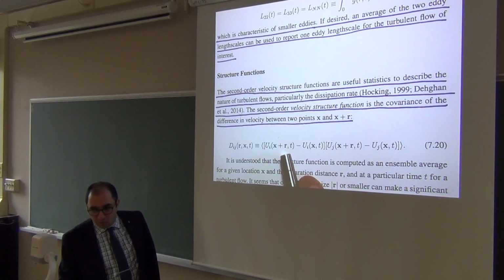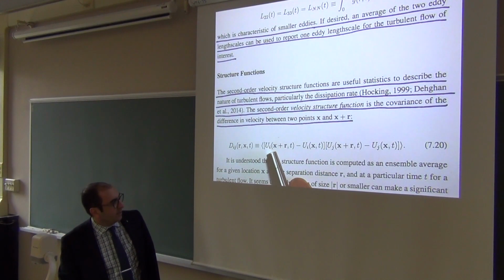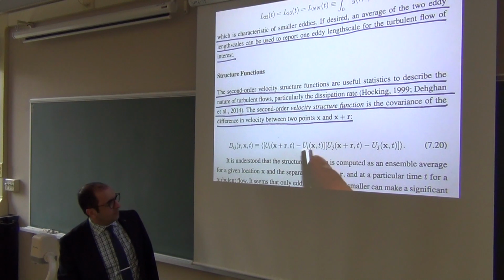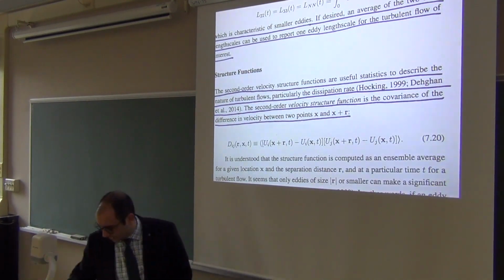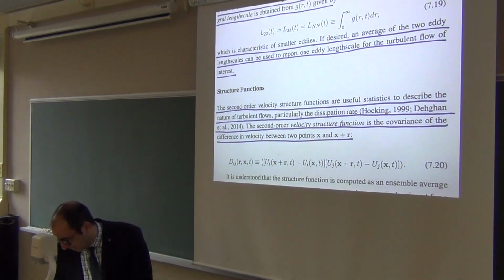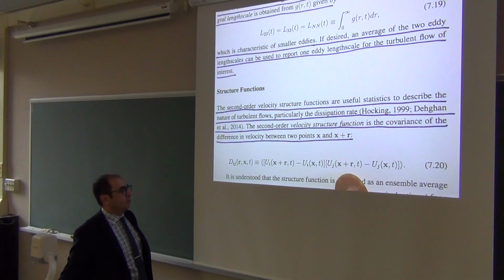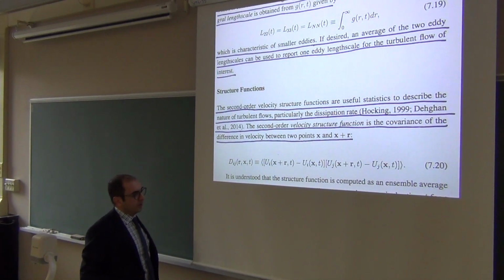I'm not talking about fluctuations anymore. I don't have a small u. I have capital U, which means that I'm talking about the difference between total velocity in the I direction between the 2 points, and then the J direction between the 2 points. I can calculate some sort of correlation with that.